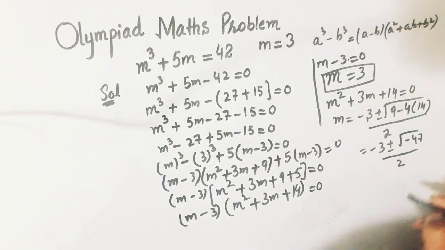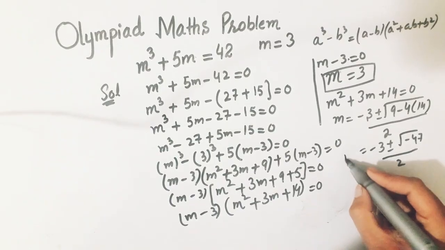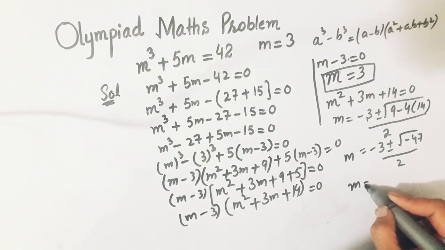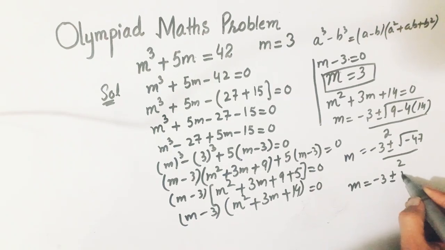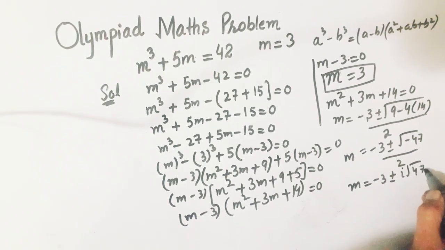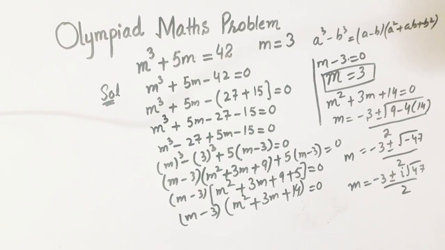We will write this in the complex form. So m equals minus 3 plus minus i root 47 divided by 2. So this is the answer of m.